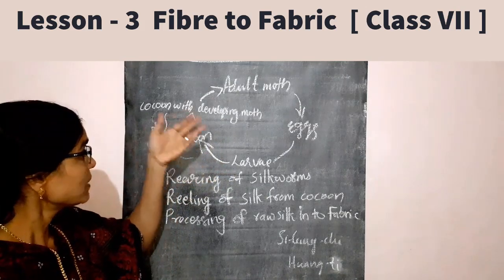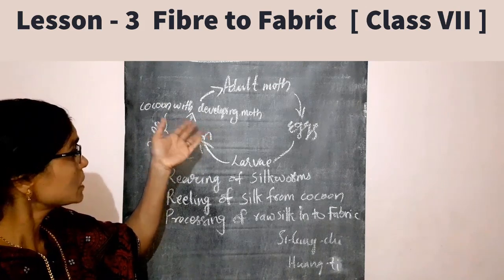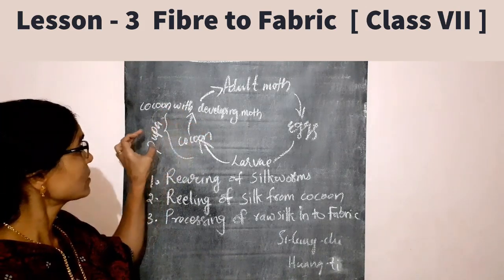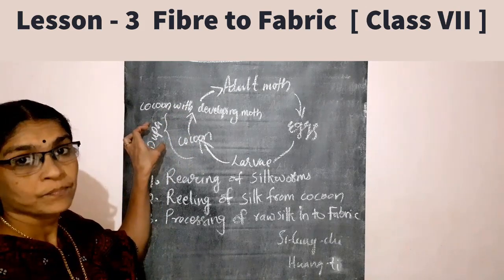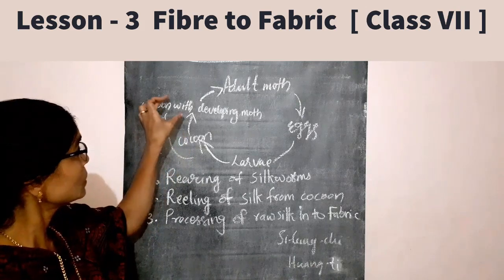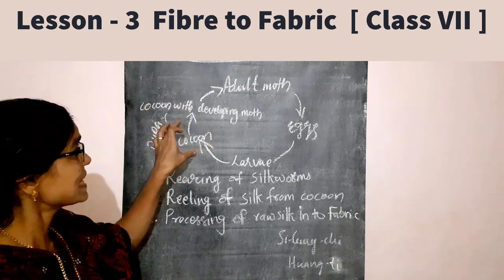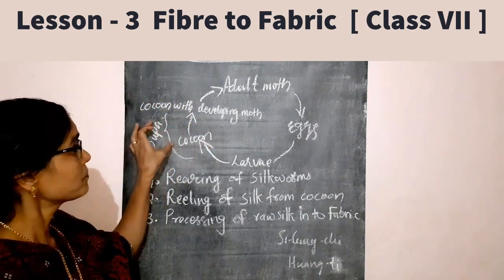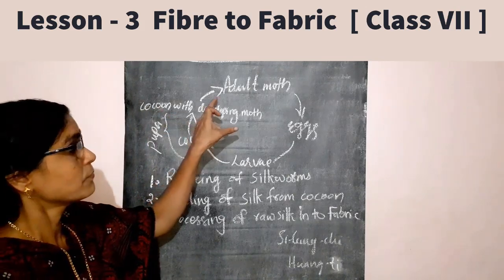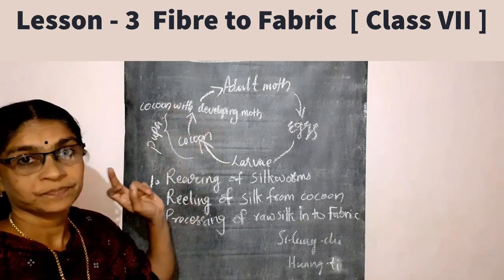Then further development also takes place inside the cocoon. These two stages we call the pupa. The stage where the cocoon is secreted and the moth is also developing inside the cocoon, we call the pupa. Then the pupa, after completing its development, comes out in the form of a silk moth.